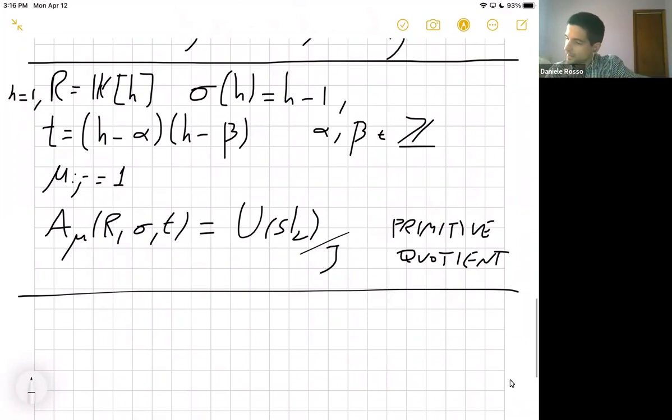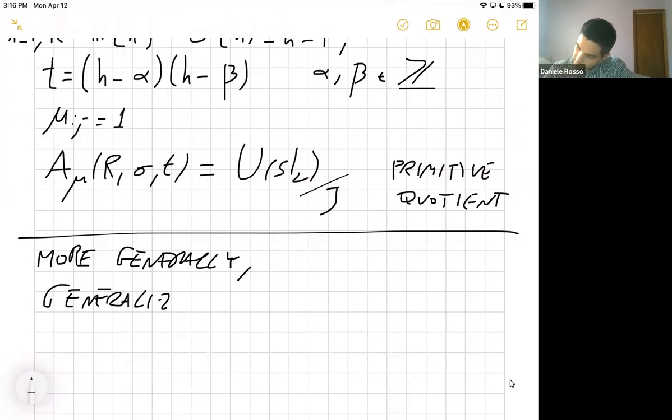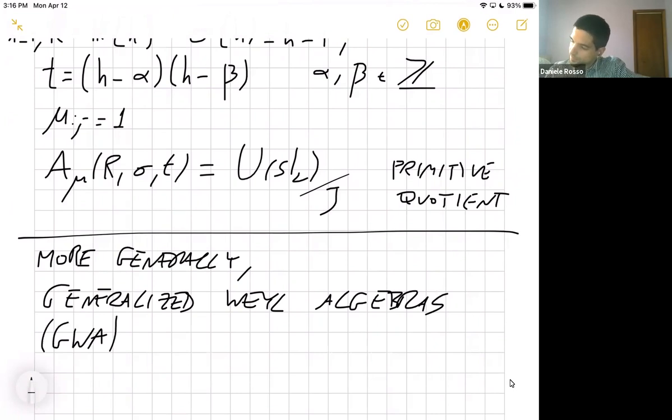But more generally, there's a pretty large subfamily of what are called generalized Weyl algebras without a twist, which are usually called just GWAs.